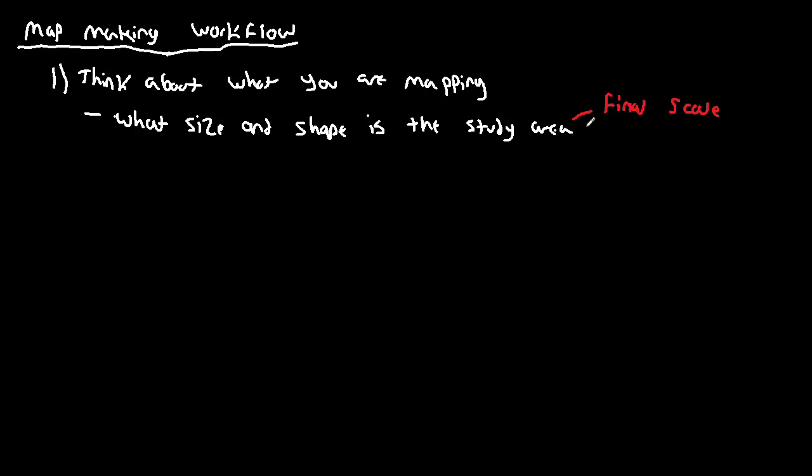The shape is going to impact landscape versus portrait, versus other. Maybe we need to have some sort of a custom size map page. That's something to think about early on before we even start drawing out any sort of prototype.